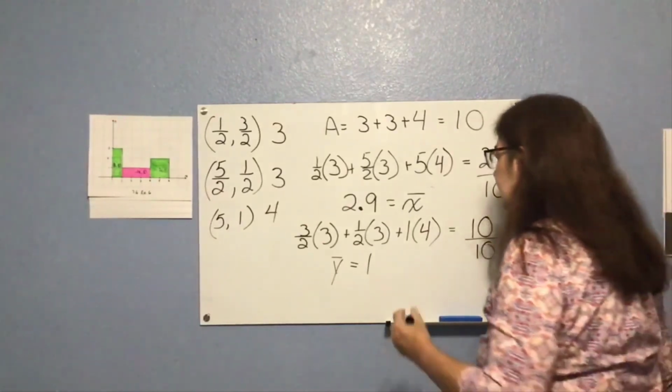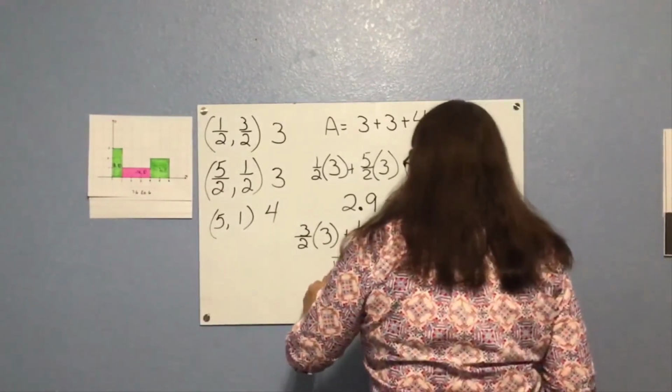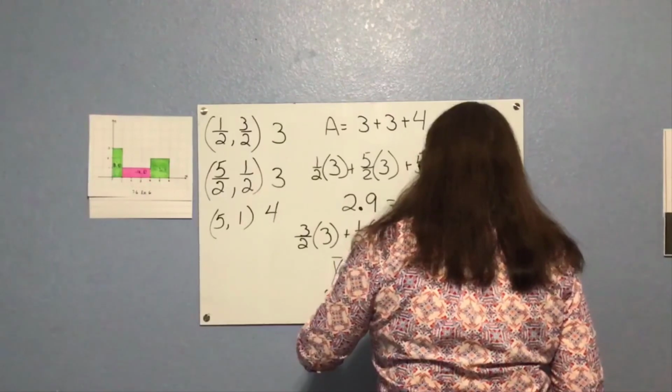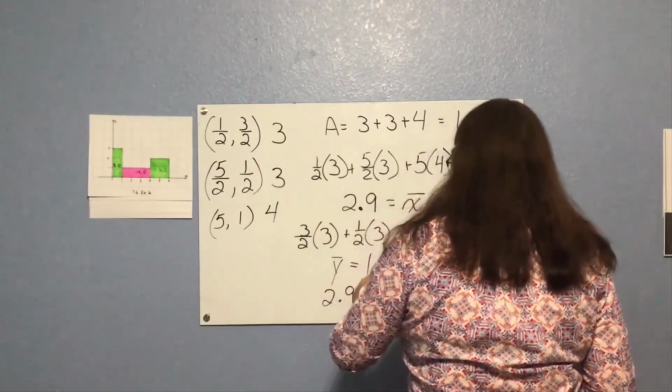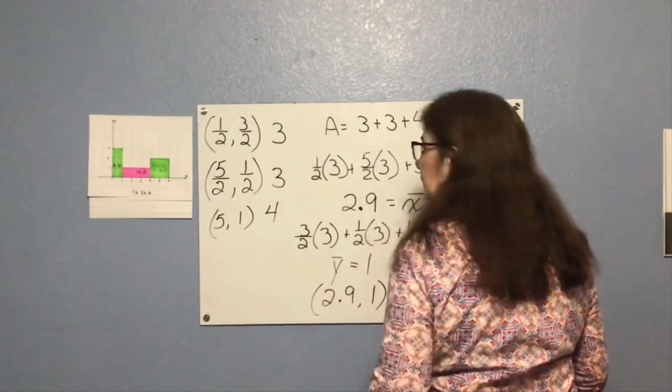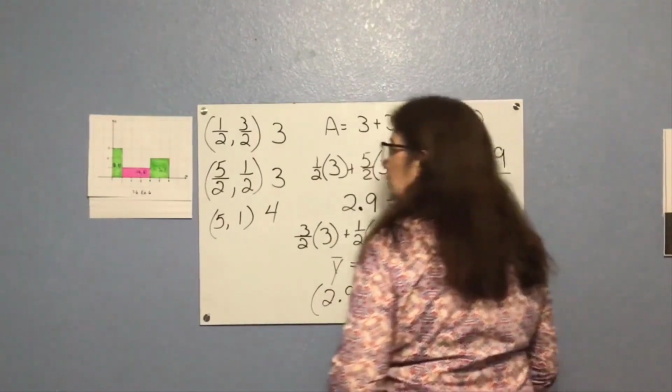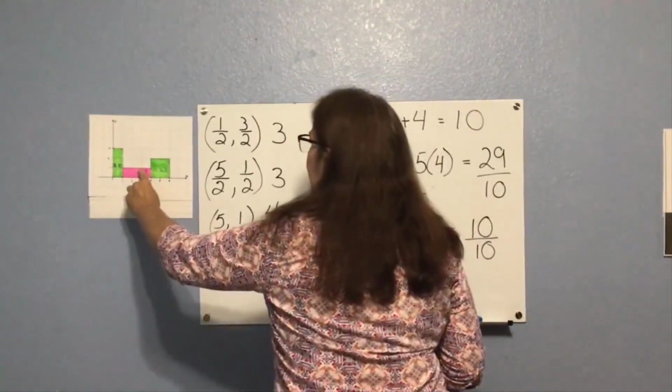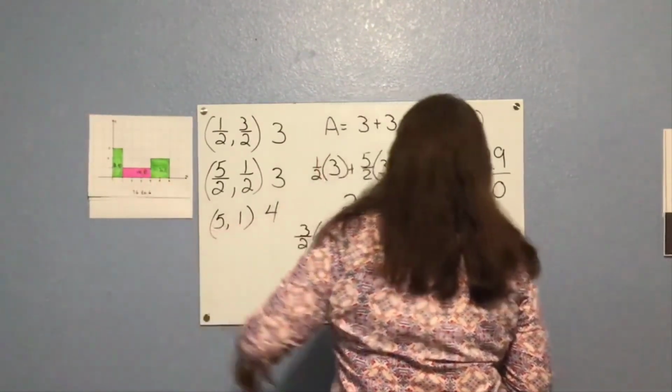So my centroid is 2.9, 1. So that would be right about here on this shape.